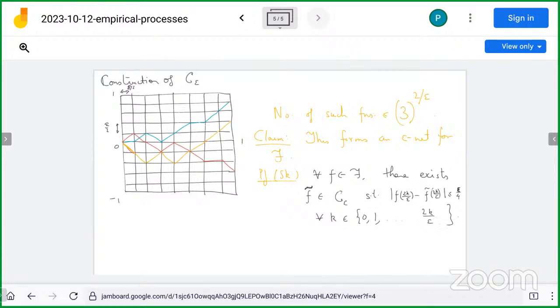This also has to be like this. I have to be somewhat careful on the grid.